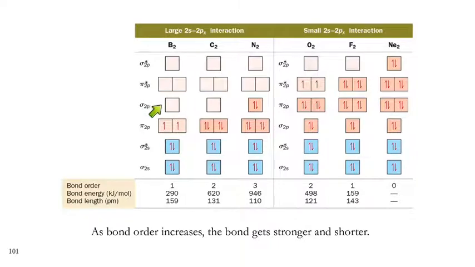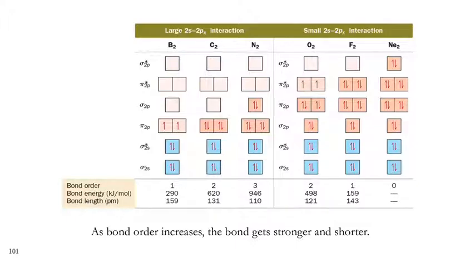Be careful now, we've got the pi bonding orbitals lower in energy than the sigma. So when we calculate the bond order, here we've got bonding orbital here, and these are bonding orbitals. So a total of 4 electrons in the bonding orbitals, and 2 in the anti-bonding. So 4 minus 2 is 2, divided by 2 is 1. This has a bond order of 1.